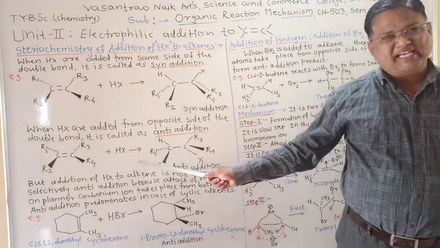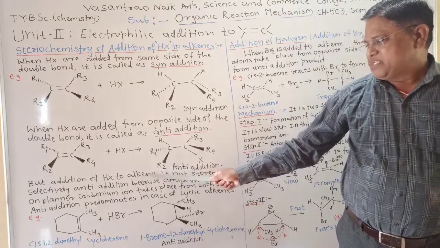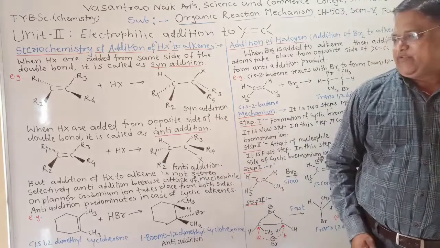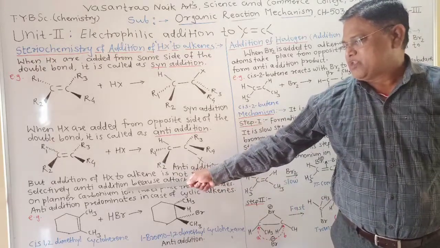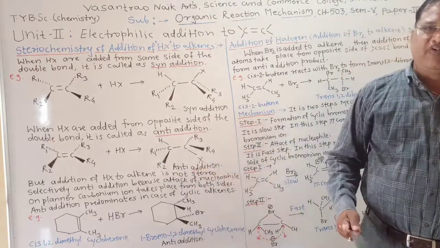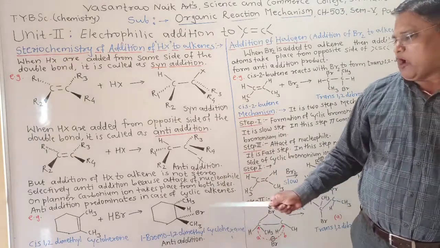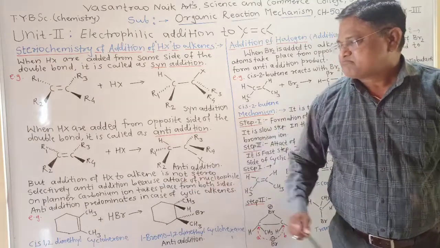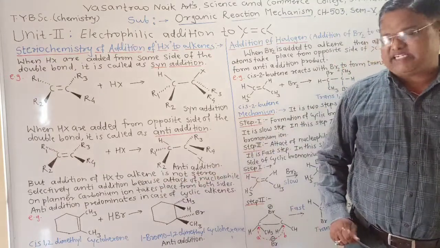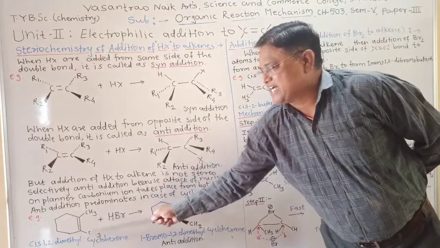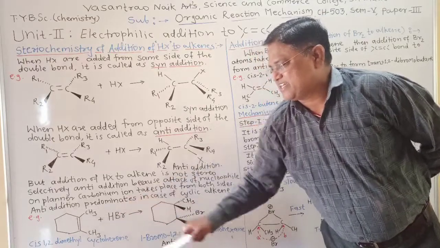But the addition of HX to alkene is not stereoselectively anti-addition, because attack of nucleophile on planar carbonium ion takes place from both sides. Anti-addition predominates in case of cyclic alkenes. This is cyclic alkene.